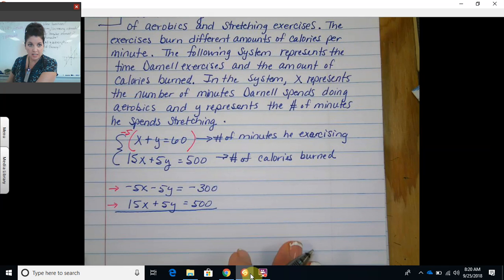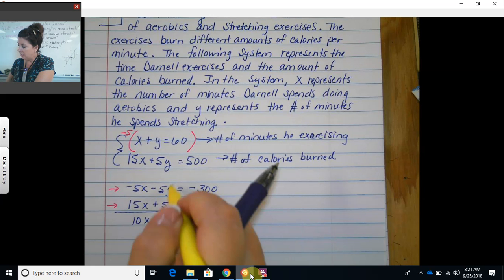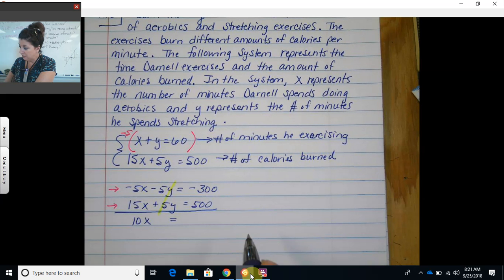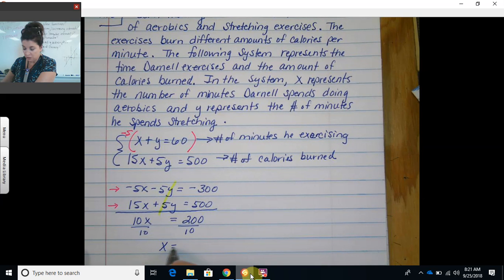And combine like terms. So -5x plus 15x makes 10x. -5y plus positive 5y eliminate. Don't forget your equal sign. -300 plus 500 is 200. Solving for x, divide by 10, and x equals 20.